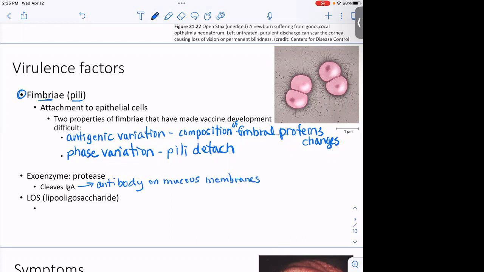Okay, and then also LOS, that is a variation of LPS, lipopolysaccharide. Lipooligosaccharide basically just has a little shorter sugar chain, but it's still got that lipid A endotoxin.